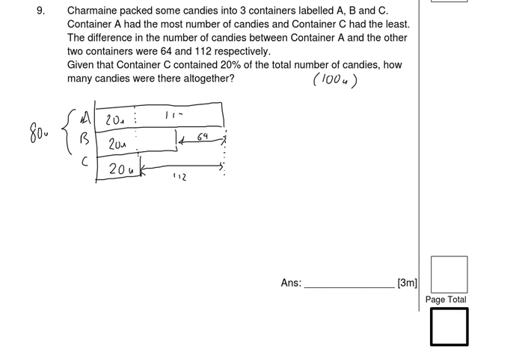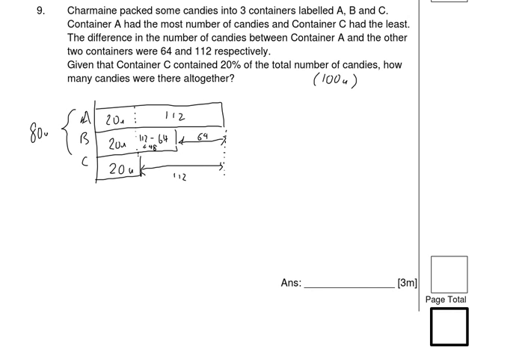Okay, so now we can form our equation, right? Correct? So, I can do my units for my A, 20 units plus 112, plus 20 units plus 48, because this is my A, this is my B, right?